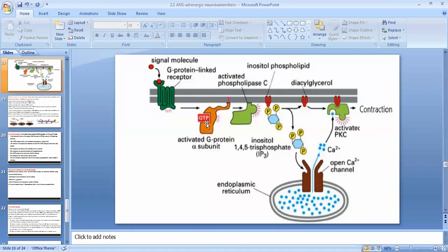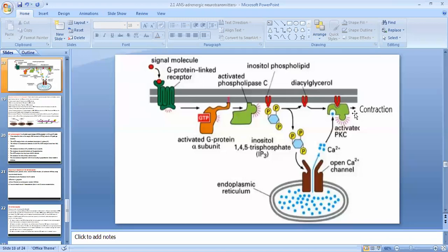During this conversion, they form the activated phospholipase, and this activated phospholipase will act on inositol phospholipid.